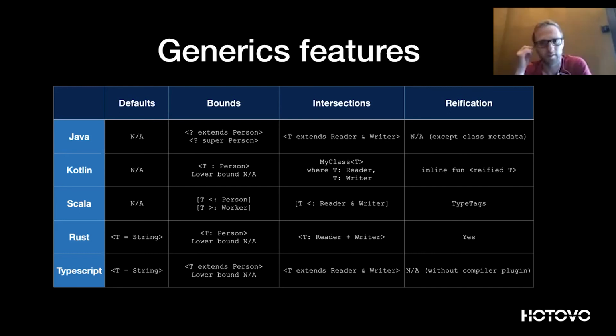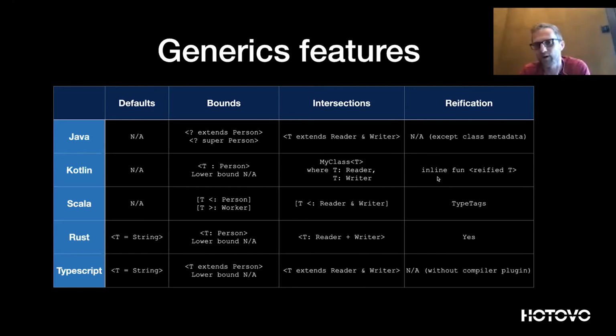Now Kotlin can reify type T with inline functions. Inline function means that there isn't a call to the function at runtime, but the compiler replaces the invocation of the function with the function body. This is inlining.